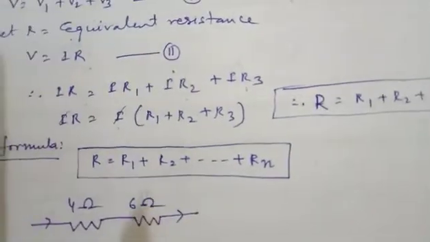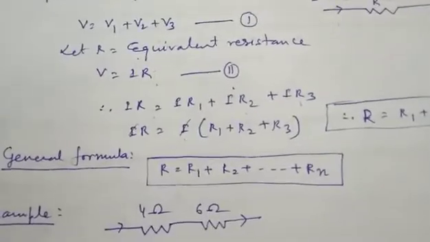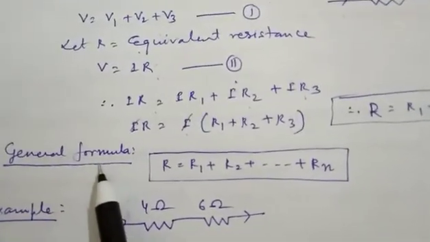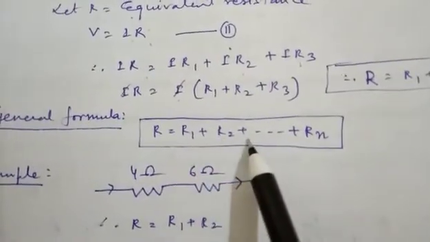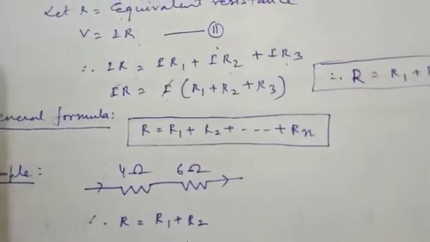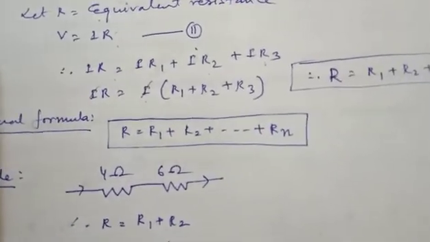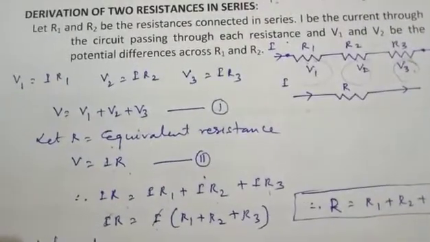That means if we talk about many resistors in the circuit, then the general formula of the series combination can be given as R is equal to R1 plus R2 plus ... Rn.